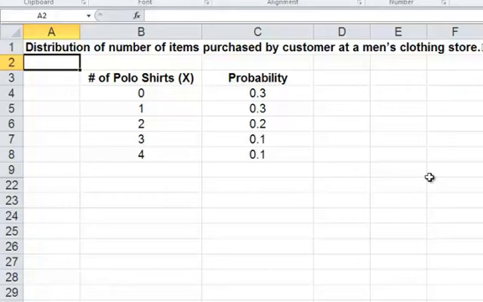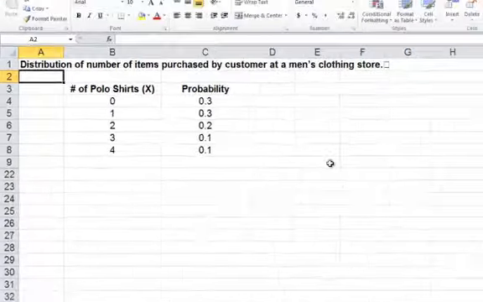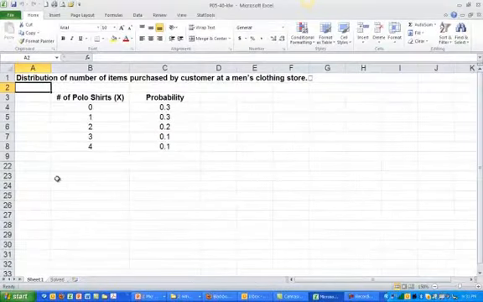And then for x equals 3 and x equals 4, in each case the probability is 0.1. And again, we can easily verify that those probabilities sum to 1. And then we're asked to find the mean and standard deviation of x, of the number of polo shirts that a customer buys in the store. So let's see.